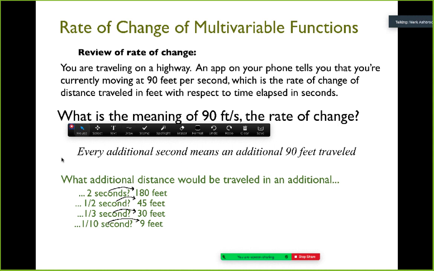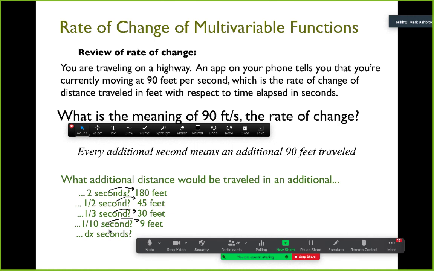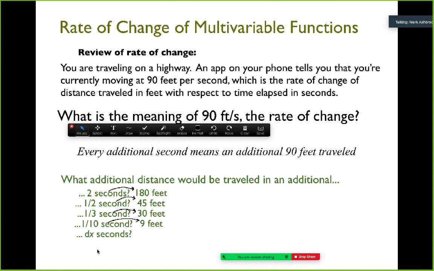If I know how far I've gone in any amount of time, call it dx, how far will I go? 90 dx. So you multiplied the amount of time elapsed times 90, the rate of change, to get the resulting change in distance.